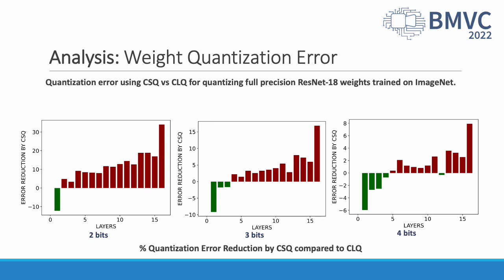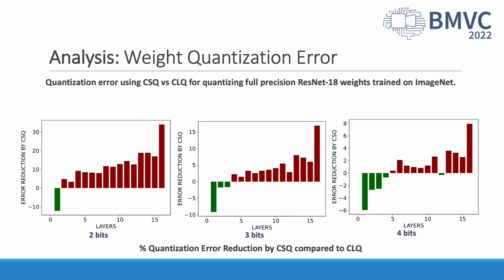Here we analyze CSQ and CLQ. We quantize 4-bit precision ResNet-18 weights trained on ImageNet using CSQ and CLQ. So the x-axis represents the layers of ResNet-18, and the y-axis represents the percentage error reduction using CSQ.